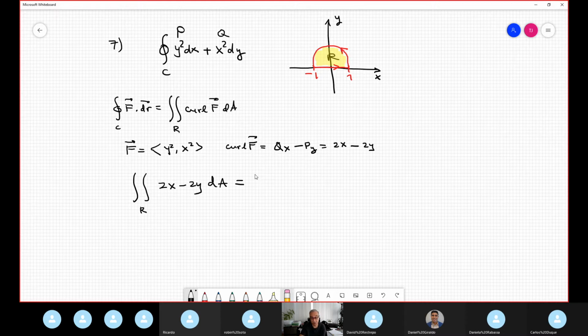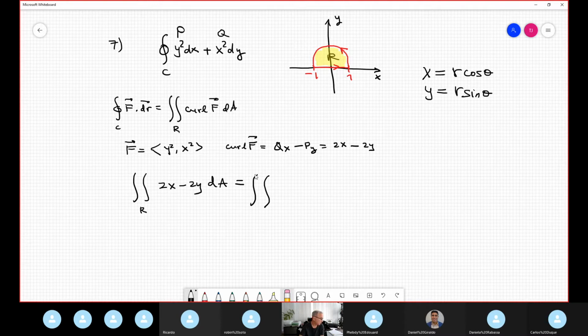To compute that, there are many ways. In my opinion, the best way is using polar, because the region is a semicircle, no? If you convert this integral to polar, first of all, I need to write the integrand function using the polar variables. x is r cosine theta, y is r sine theta.